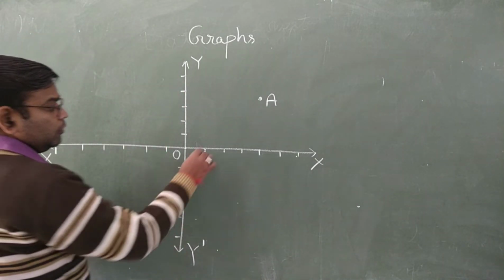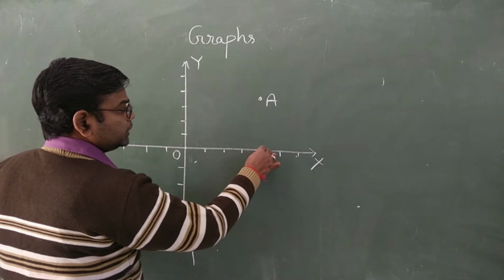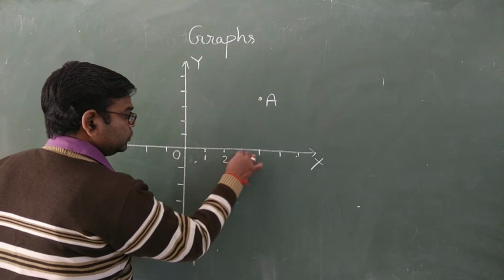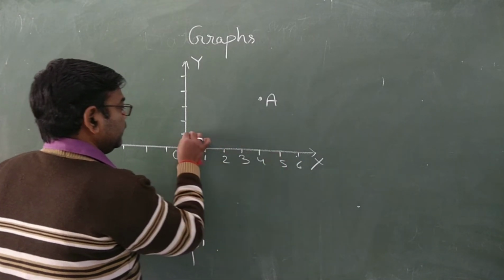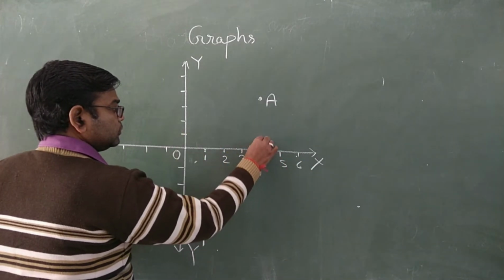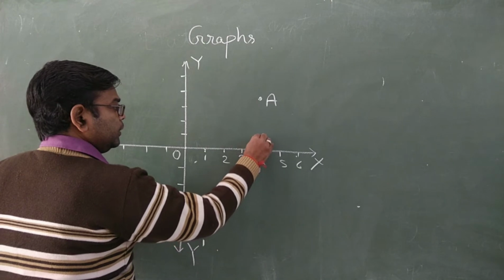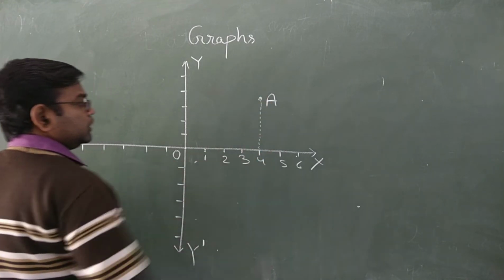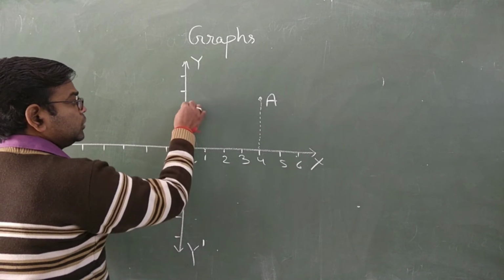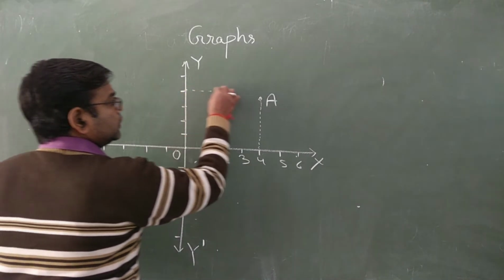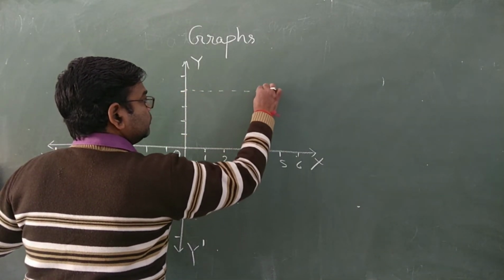Now see, 1 2 3 4, we reach up to 4. This one is your 4, and then on y we reach 1 2 3 4.